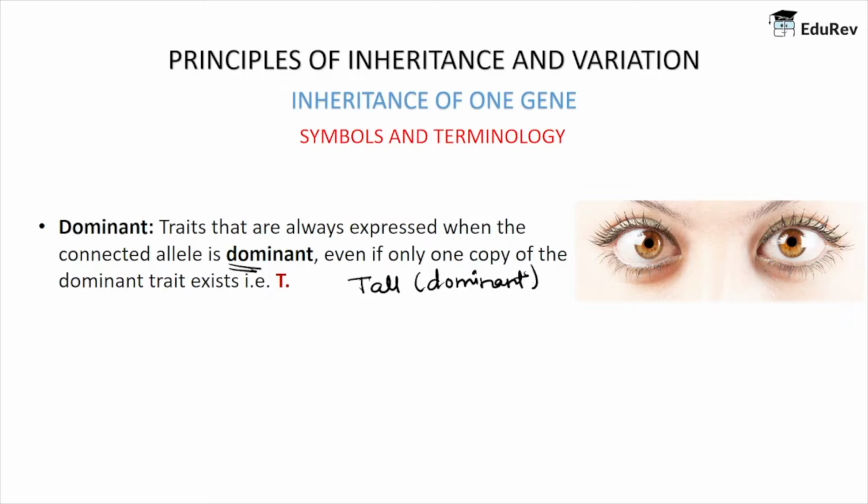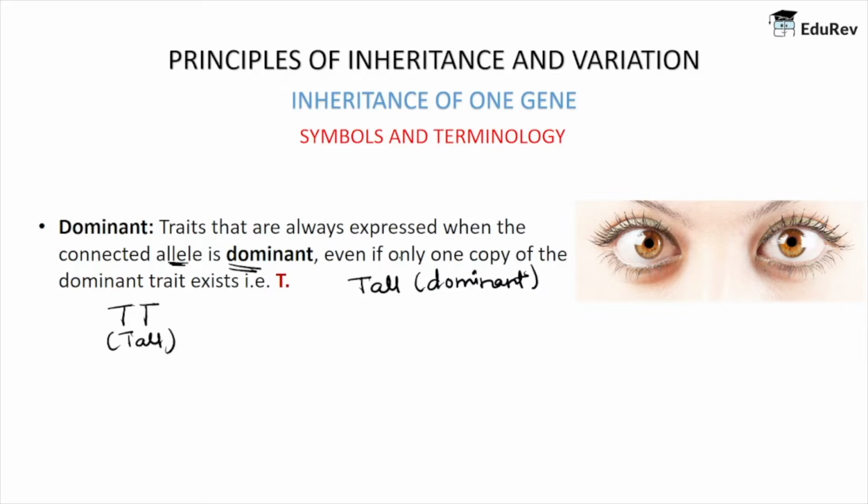Now, if you talk about the genetic makeup, the connected allele is dominant, means capital T. The T we are taking as a symbol of tallness, and as we know that genes or alleles always occur in pairs, we see that capital T in pair results in tallness in humans.